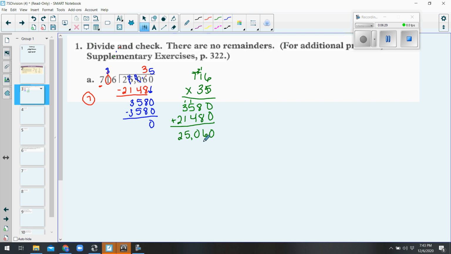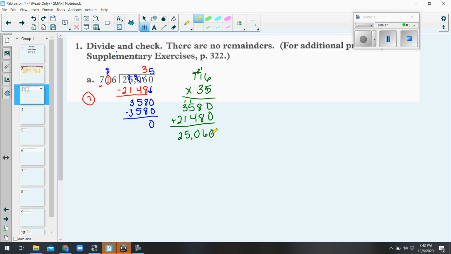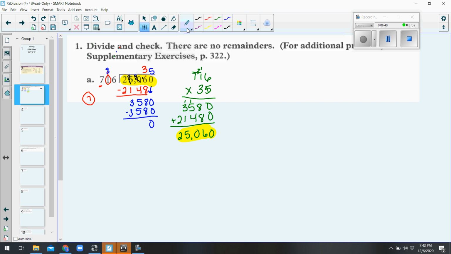Now, what I'm doing is looking at this answer here, making sure it's the same as my dividend there. And I have 25,060, and I have 25,060. So my answer of 35 is correct.